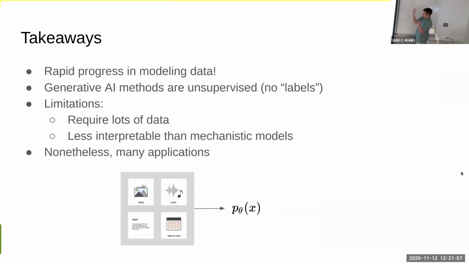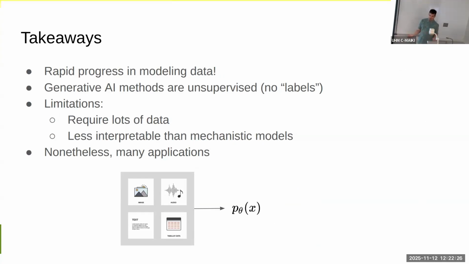All right, so this is all to say that there's a lot of progress in machine learning, especially with high dimensional data and big data sets. All these are grouped under generative AI because you're generating things that are easy for people to consume: text, video, images, also audio. It's unsupervised, which means there's no labels.